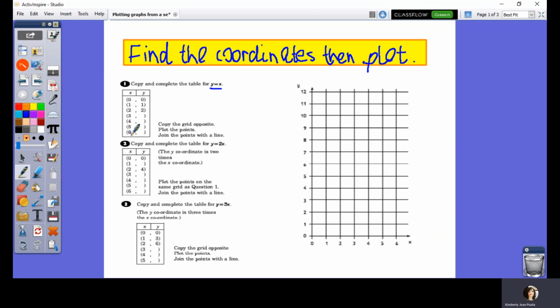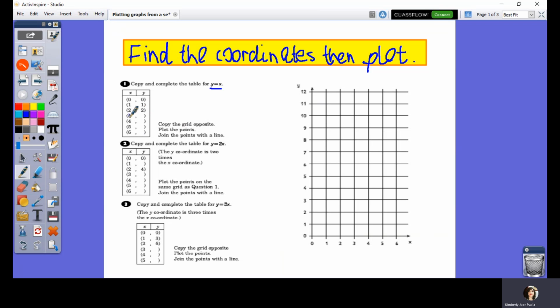These numbers represent the x points on the x axis and these are the y points on the y axis. If x is 0, using our equation, y should be 0 as well, since y is equal to x, meaning the same thing.